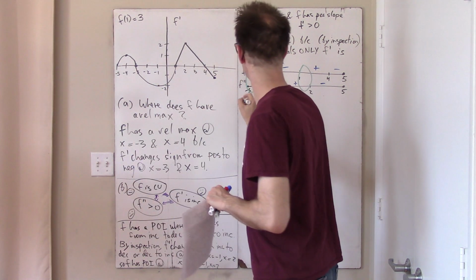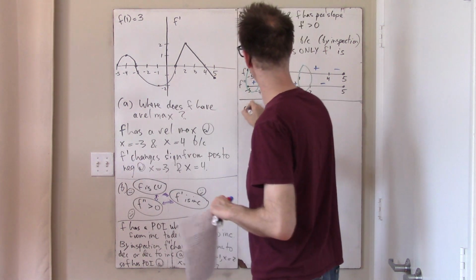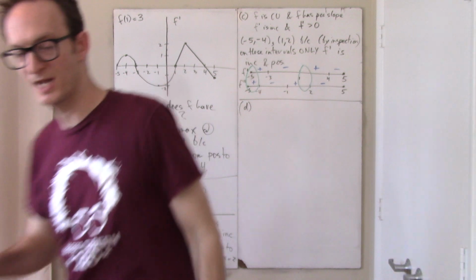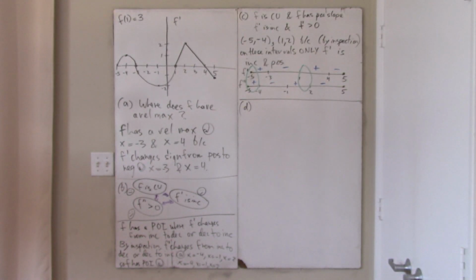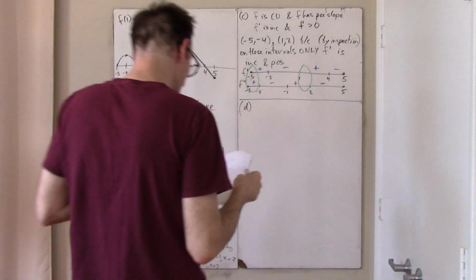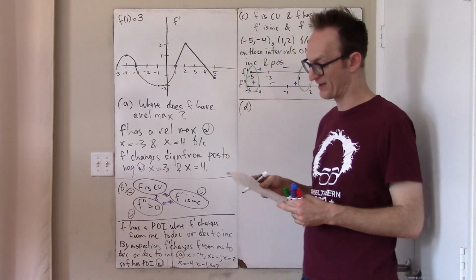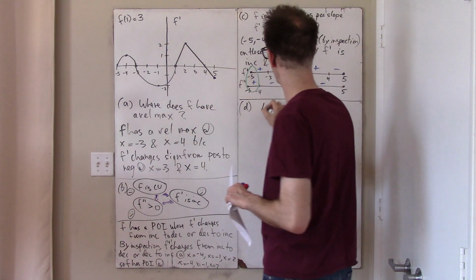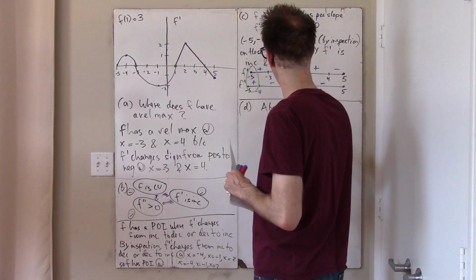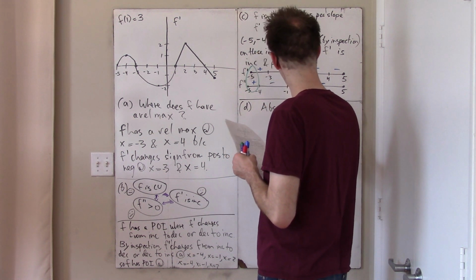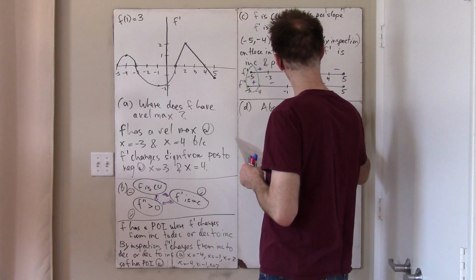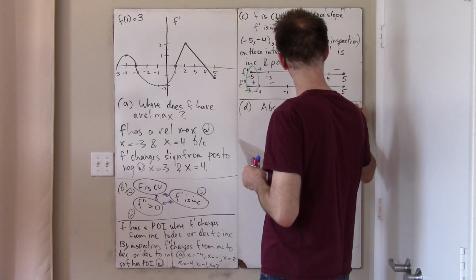Part D asks, this is a very typical kind of question. Find the absolute minimum value of f over the closed interval -5, 5, explain your reasoning. So we want the absolute min of f on the interval -5, 5.